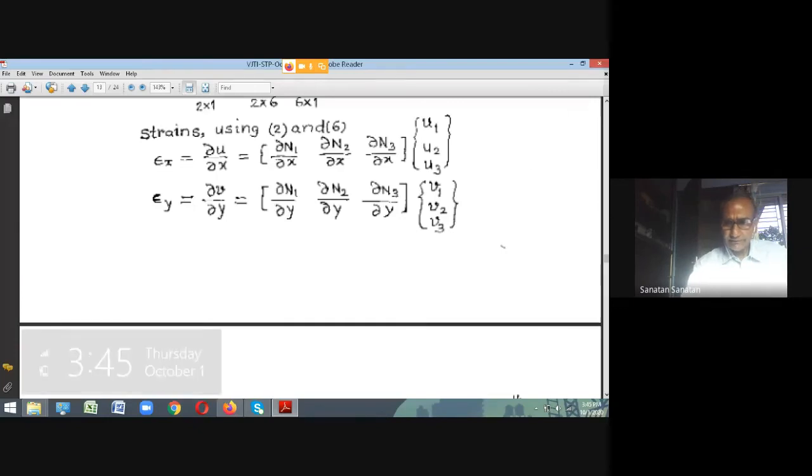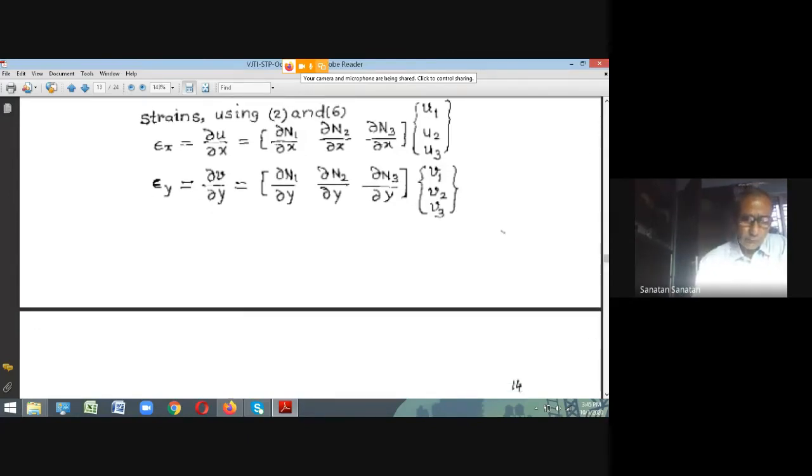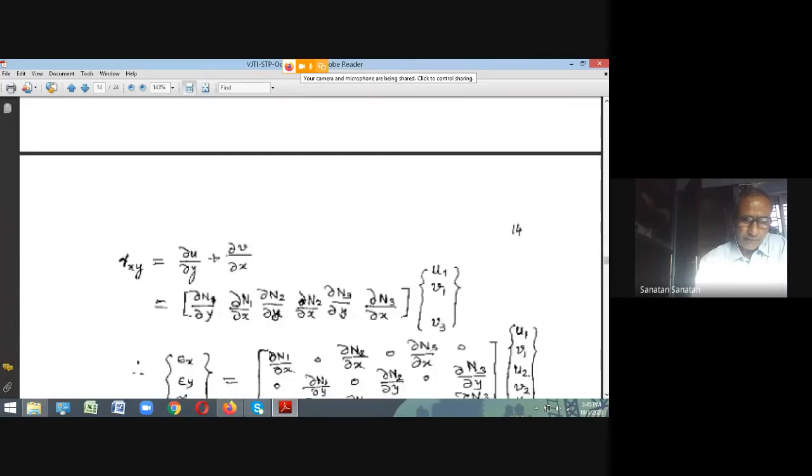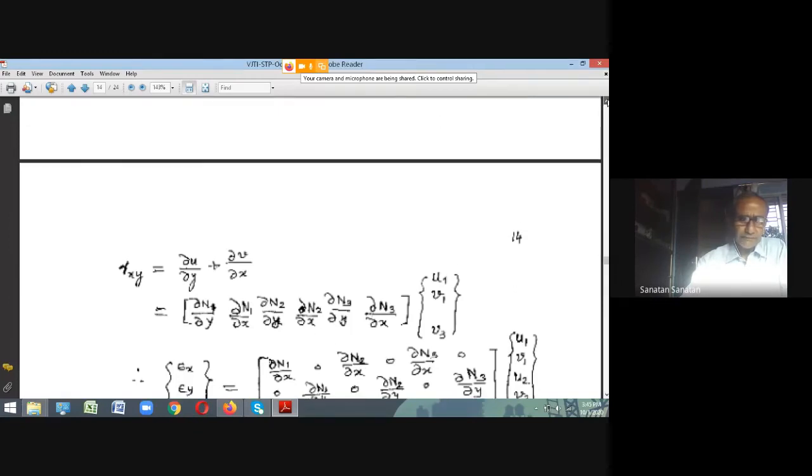So therefore, what we have got is that determining the displacements at all the nodes is the problem. Now if we have been able to determine the surface over each of the elements, then how are the strains obtained? This is very easy.